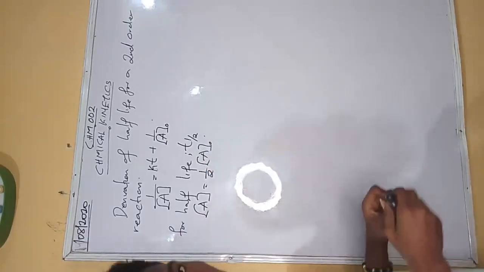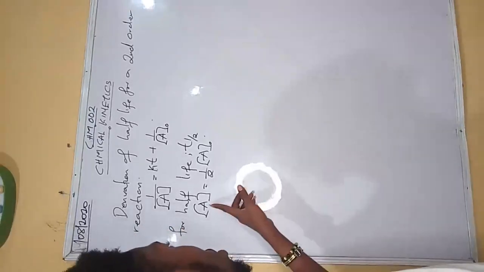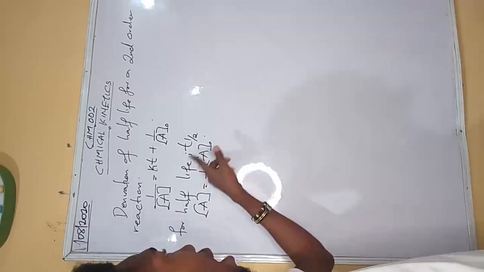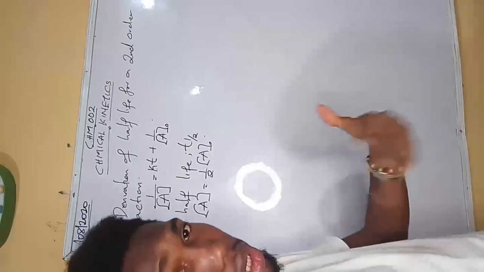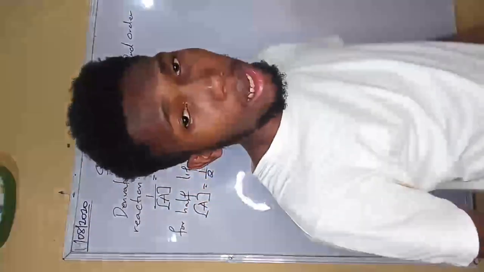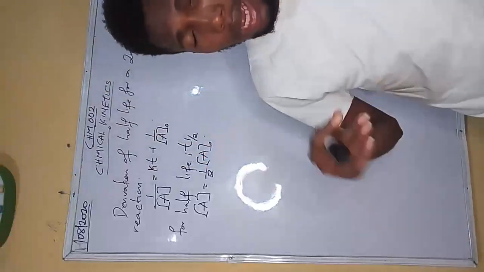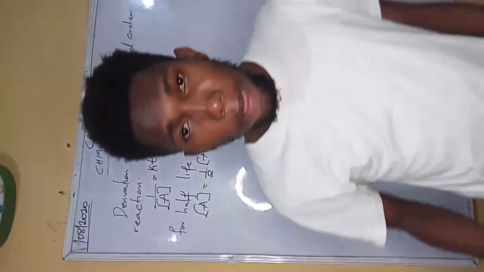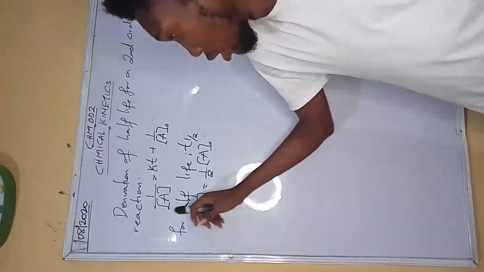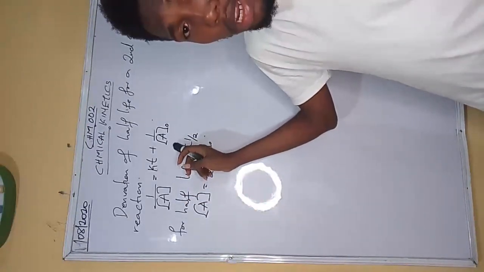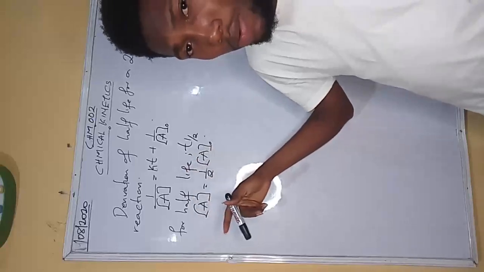Are you getting me now? That's half-life, because it is the time taken for half the concentration of that reactant to get used up. So we are going to be effecting this into this equation here, and that will enable us to get our half-life for a second order reaction.